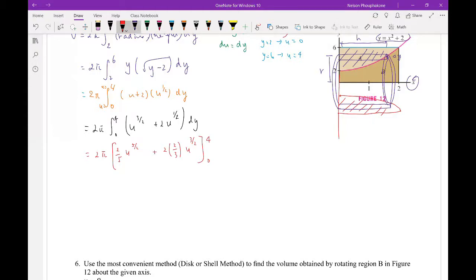Okay, so then now, step by step. So we'll have 2 over 5, and then this one is 4 to the 5 over 2, plus 4 over 3, 4 to the 3/2. And of course, this is 2 squared right here. So I will have 2 pi, then this one is 2 to the 5th times 2, 64 over 5, plus 8 over 3.